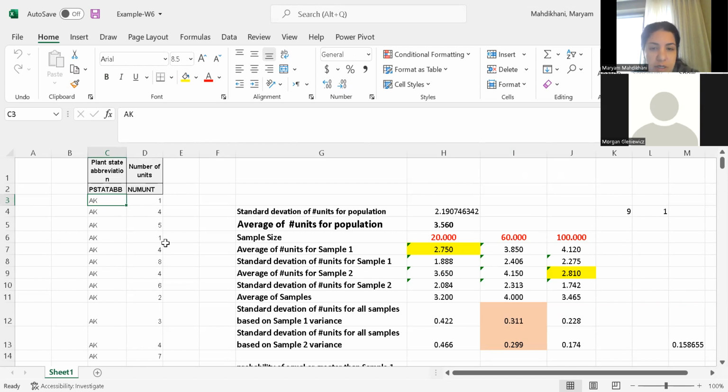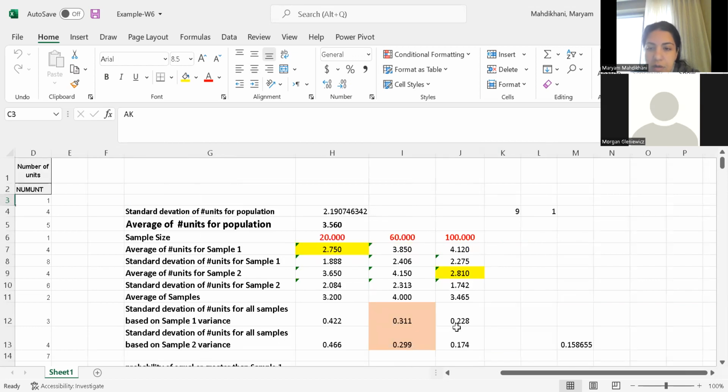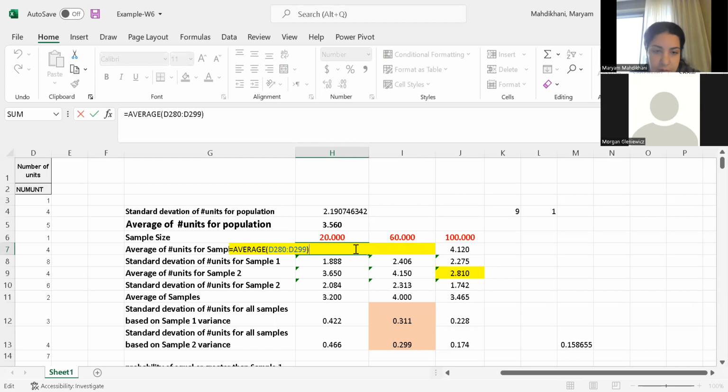So 300 observations, and now we are going to work on our example, taking samples with different sample sizes. The first sample size that I chose was 20 observations. Now I randomly choose, it's totally up to you, 20 of these 300 observations. So for my first sample, totally random, I chose from D280 to D299.